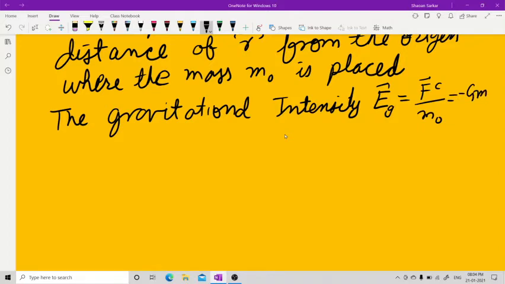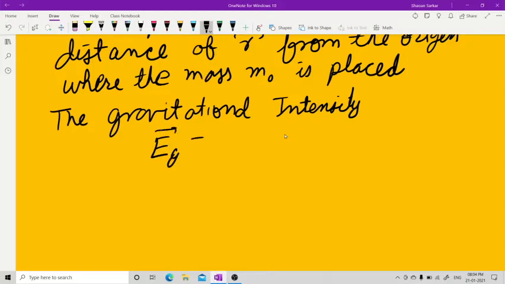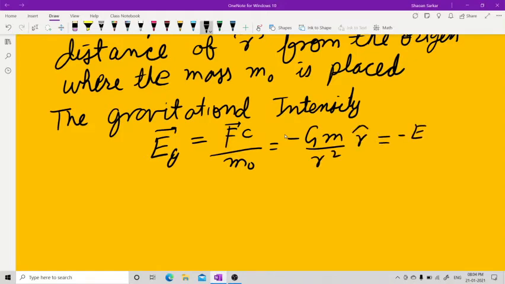Let me write it somewhere down. Space is less, so let me write it differently. Here, EG vector, the gravitational intensity, is conservative force by m naught, which is minus G m by r square r cap, and this can be written as minus EG r cap. This quantity is EG.